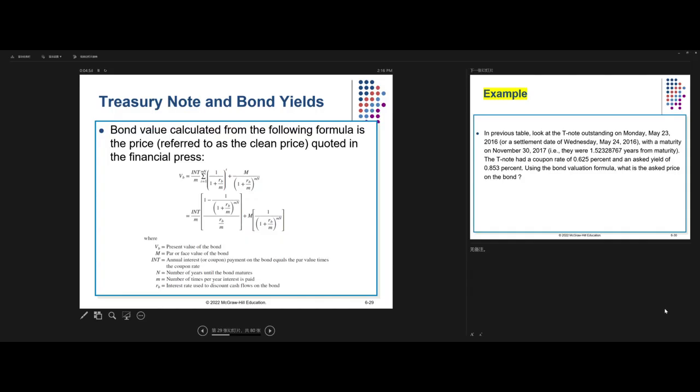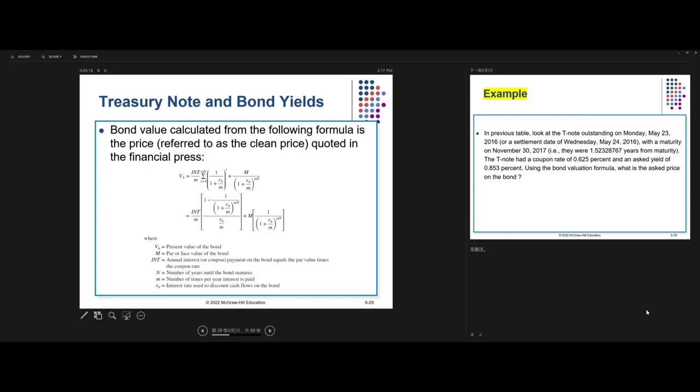And then lowercase m is the number of times per year interest is paid, usually m equal to 2 if it's semi-annual compounding, right? So then INT over m is the payment received in each period. And then RB is the interest rate used to discount each cash flow in the bond.